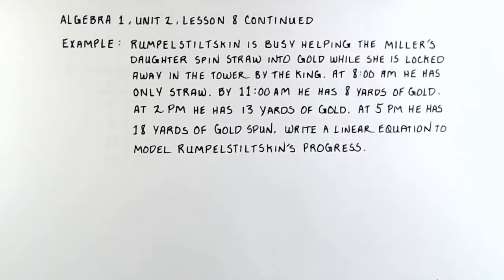He's a troll, and what happens is the king locks this miller's daughter up in the tower. All right, and she has to spin straw into gold, but she can't because she's just a human being. But this little troll comes along. He's like a little leprechaun dude or a troll, and he tells the miller's daughter, "Look, I'll make a deal with you.